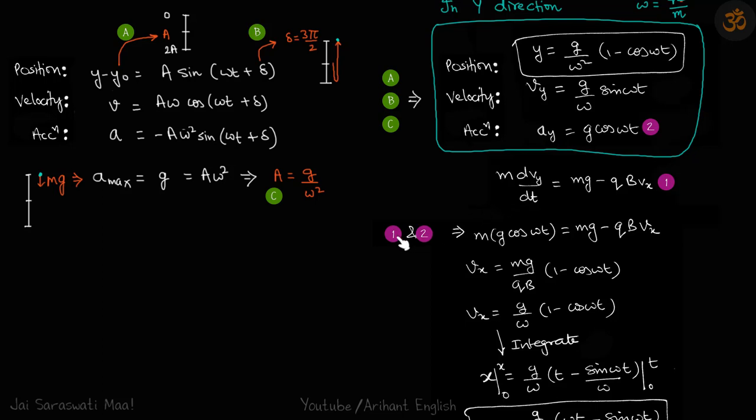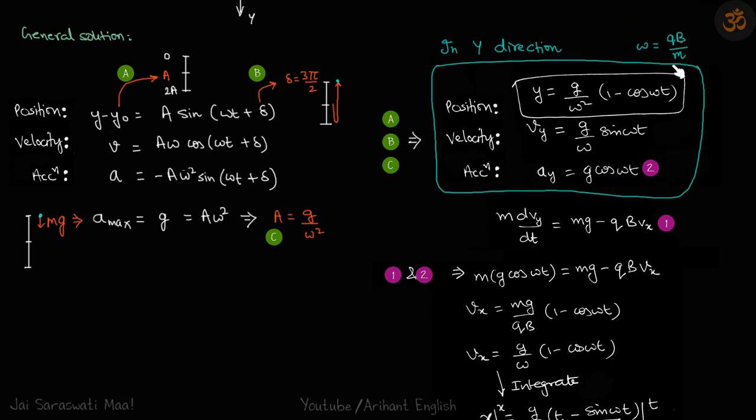So 1 and 2 gives m into g cos omega t is equal to mg minus qBVx. So we'll get Vx is equal to mg by qB times 1 minus cos omega t. Now again, qB by m is omega. So let's write this as g by omega times 1 minus cos omega t.